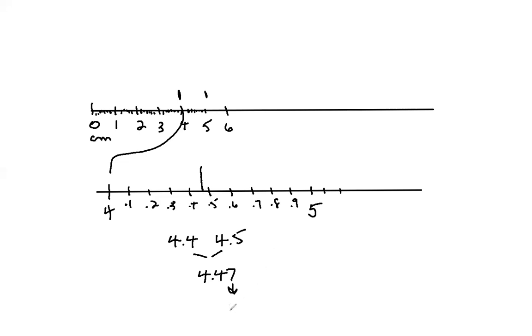This digit is called the estimated digit, because different people might have different digits. Now, when we report this measurement, we always have to have the unit. So we would call this 4.47 centimeters.